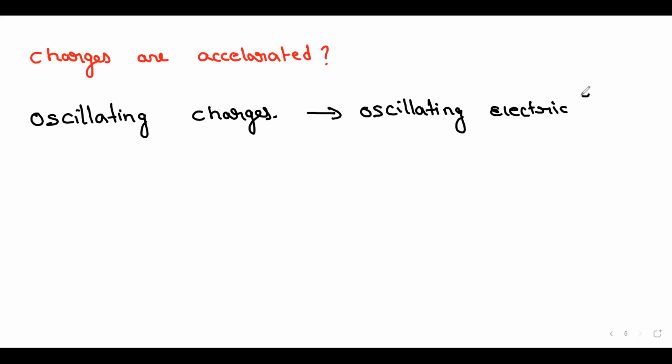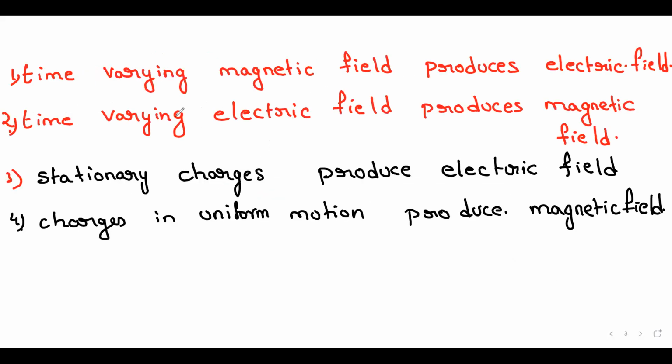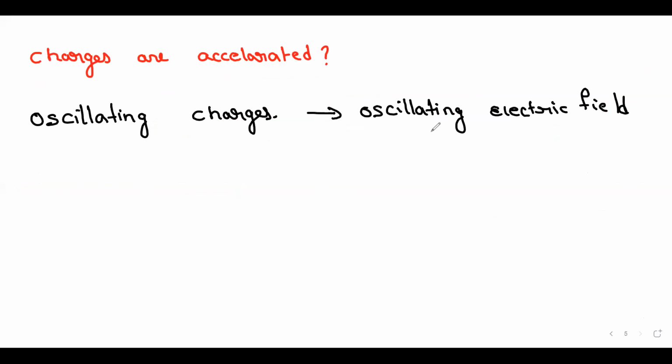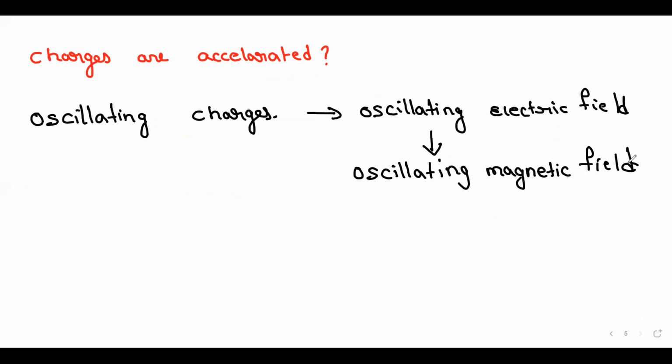Stationary charges produce electric field. Oscillating charges produce oscillating electric field. So we can see that a time varying electric field produces magnetic field. Here the oscillating electric field produces oscillating magnetic field.